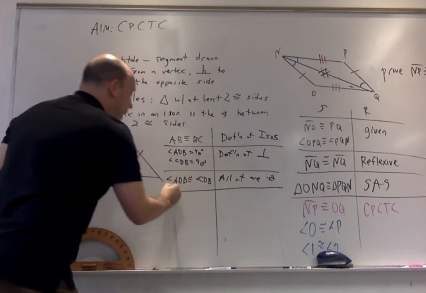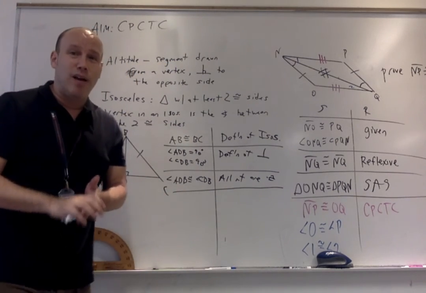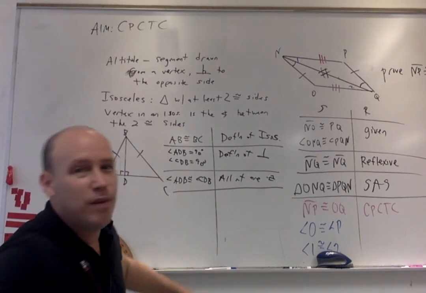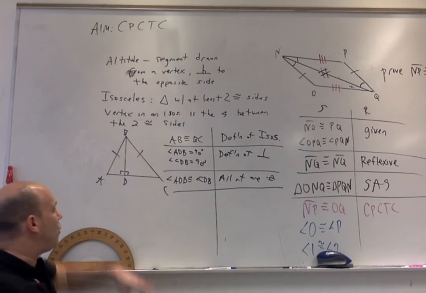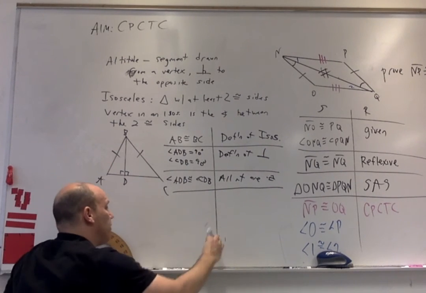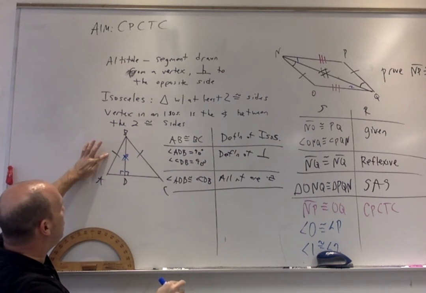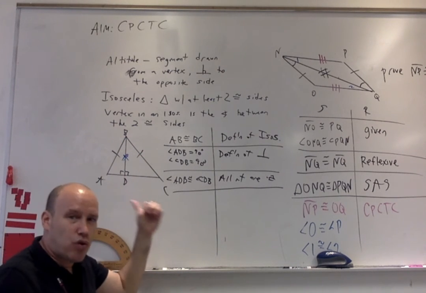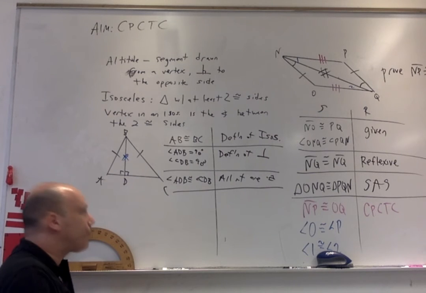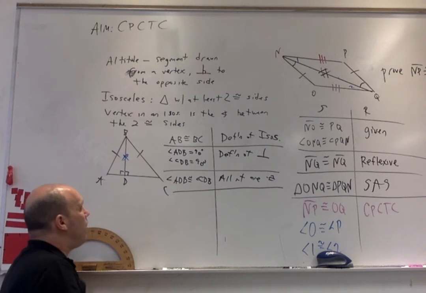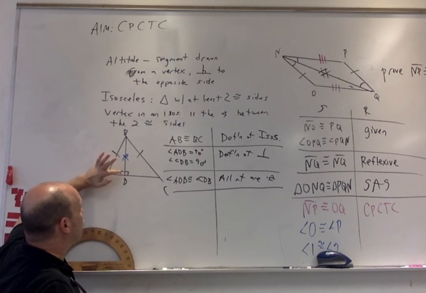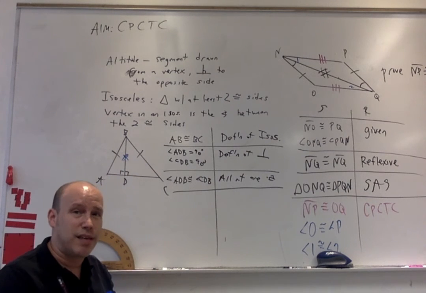Okay, now, I didn't tell you this, but I'm telling you this now. If you have a right triangle, and you know that the hypotenuse and the leg are congruent, those triangles are congruent. And that should make sense to you, because if it's a right triangle, you have Pythagoras' theorem.